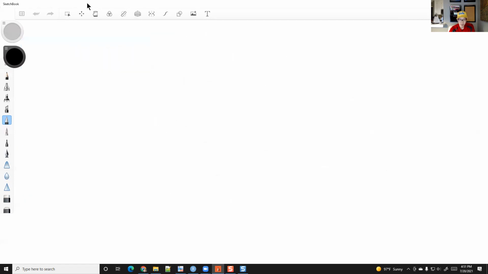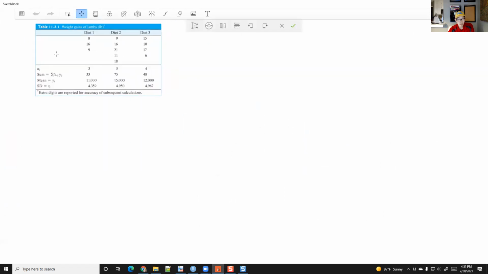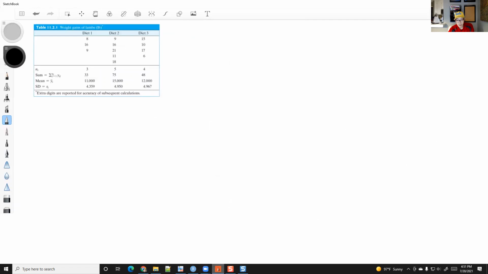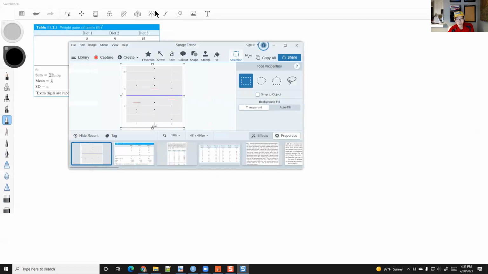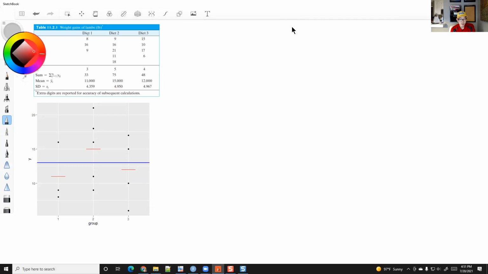Let's get this first lamb here. Okay, so let's look at this little lamb, Y11, who gained 8 pounds on diet 1.